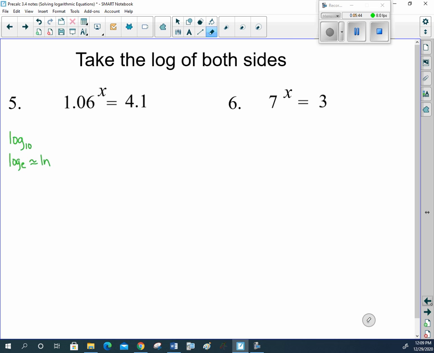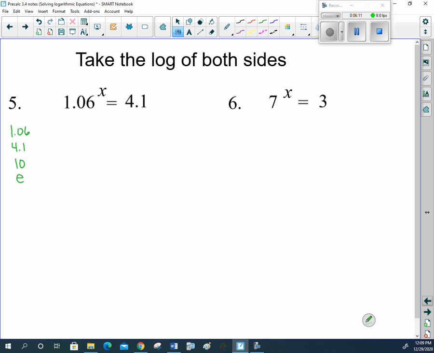Or you can pick the two numbers that are over here, 1.06 or 4.1. So 10 or e, those are what we would want to choose. I'm just going to do 1.06 because that's the base raised to the variable. You could do 4.1 and it would still work, but since we only have one variable and it's attached to 1.06, that's what I'm going to do.